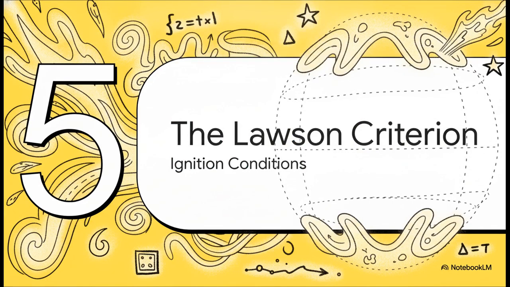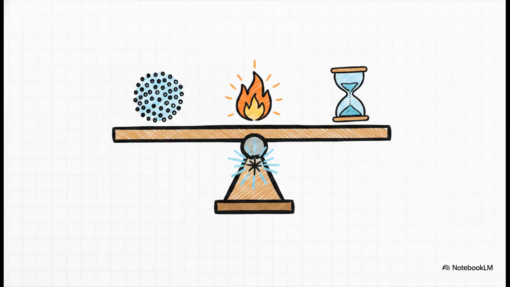This takes us to Section 5, the Lawson criterion, ignition conditions. As you can imagine, maintaining a 100 million degree plasma is no walk in the park. Enter the Lawson criterion, first formulated by John Lawson back in 1955. And this brilliantly illustrates that for a reactor to achieve ignition, meaning it generates net positive energy, the fusion energy produced has to outpace the energy lost to the environment.